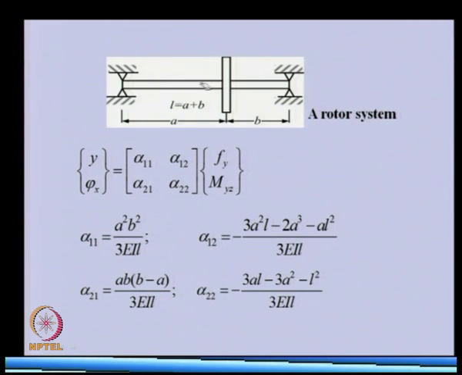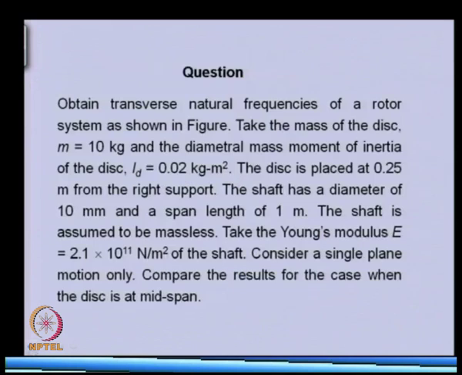The mass of the shaft we are not considering, only the inertia of the shaft is there, and we are considering both mass and diametral mass moment of inertia of the disc. Various properties are given here. Mass is 10 kg, ID is 0.02 kg meter square. Disc location is also given: from the right support it is 0.25 meter, and the total length of the shaft is 1 meter.